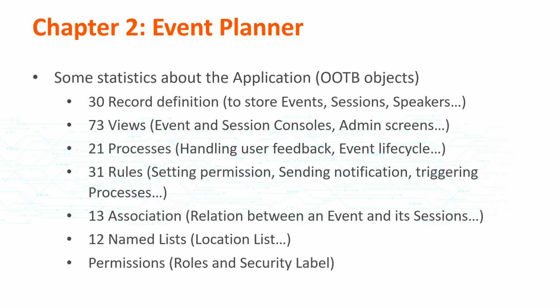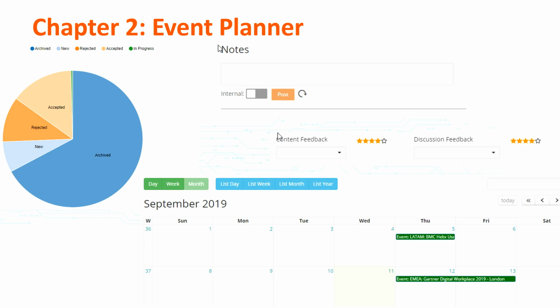When something is missing but very important for you, but maybe not very important for everyone, so it wouldn't make sense to integrate this functionality within the platform, we give you the tools to create those custom elements. So here are a couple of custom elements I mentioned: the chart, the notes, the star system I showed you before, and of course the calendar.